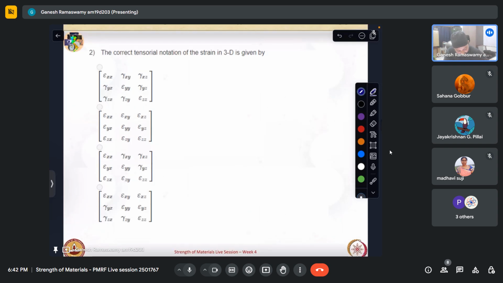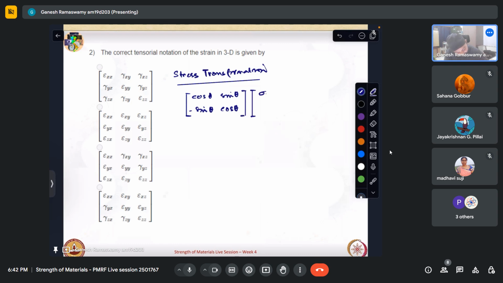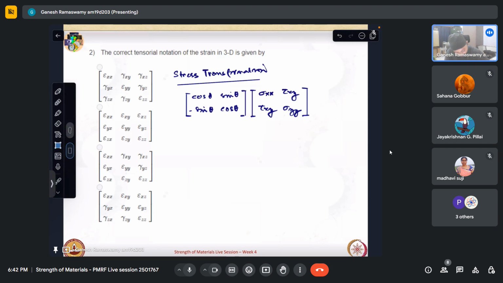Essentially, what is different between stress transformation and strain transformation is, in stress transformation, we had a rotation matrix operated over the stress tensor, and then the transpose of this rotation matrix.